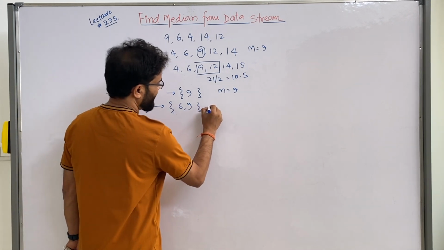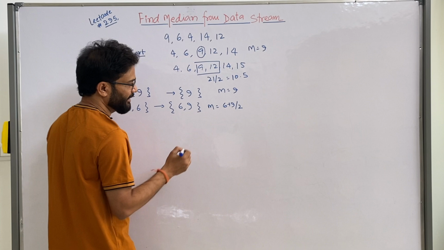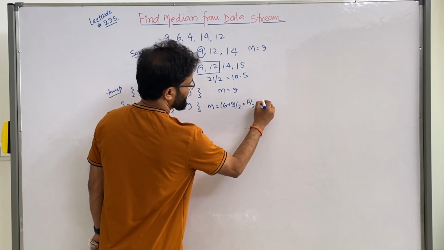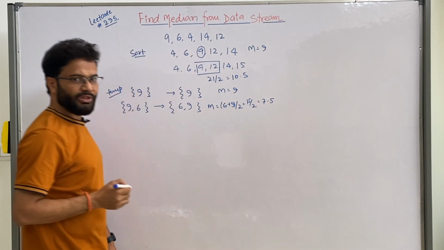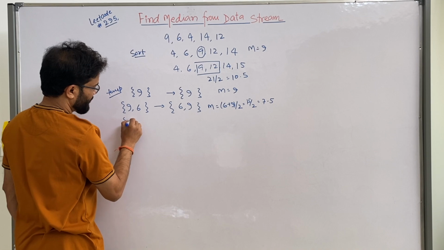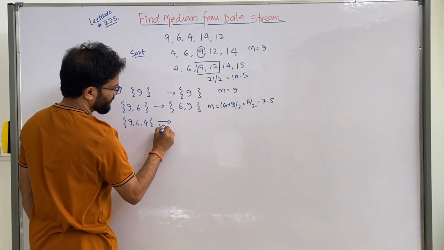So you have to add 6 plus 9 divided by 2, so it becomes 15 by 2, which is 7.5. Again the third data comes, 4: 9, 6, 4, and again you sort.